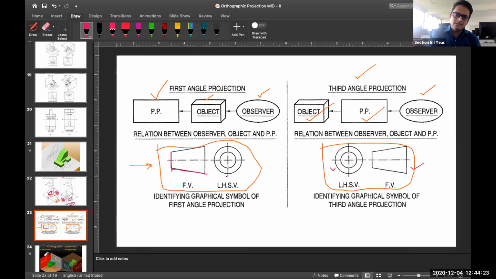Basically this circle is nothing but left hand side view, abbreviated as LHSV. So this is the graphical representation of your first angle projection and of your third angle projection method.